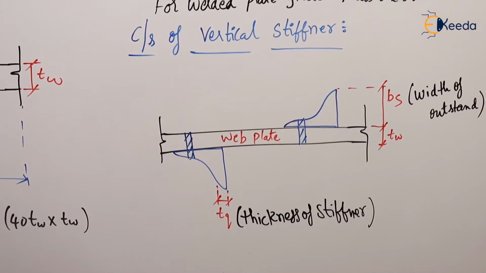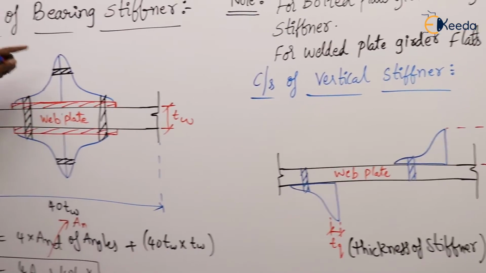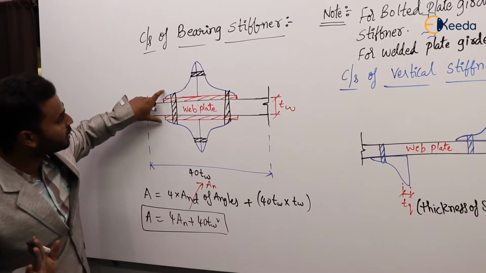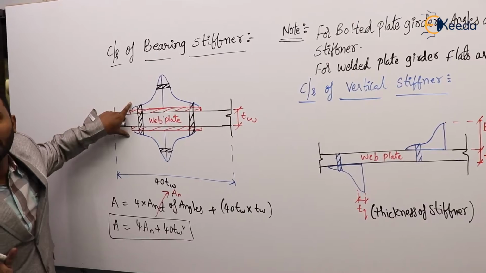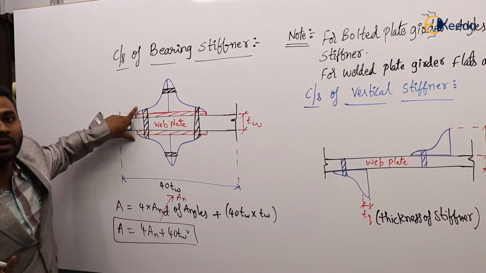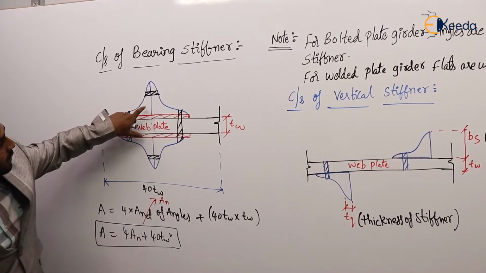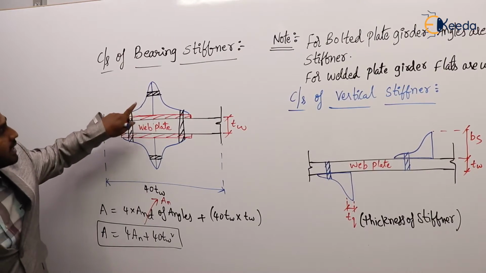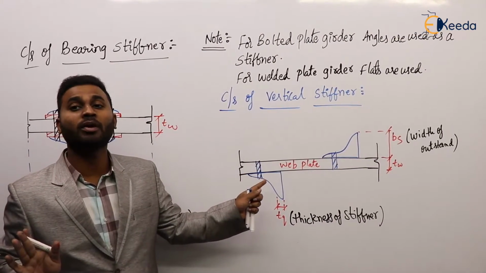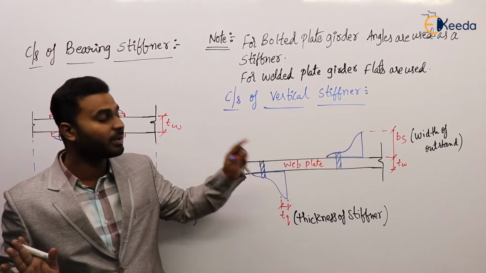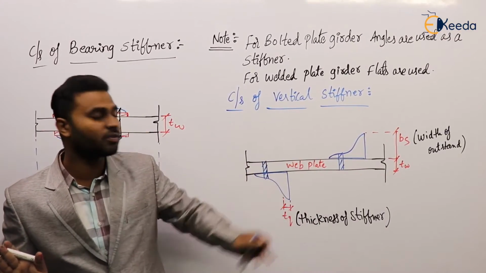Clear? So once again I repeat, coming to the bearing stiffener, we are going to provide the bearing stiffeners on both sides of the web at the same location. But coming to the vertical or transverse stiffener, we are not going to provide the stiffeners on either side of the web at the same location. With some spacing, we are going to provide.